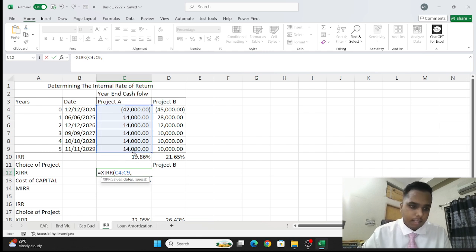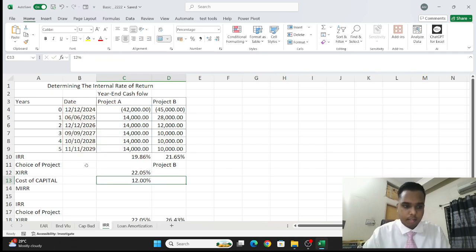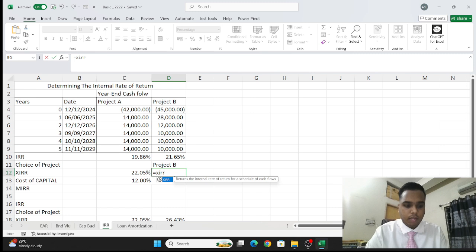That's why the XIRR was not calculated using Excel. So the guess is 0, bracket close, enter. XIRR is 22.05%. Like the previous one, we will write this one also, XIRR, values, comma, date, comma, 0.